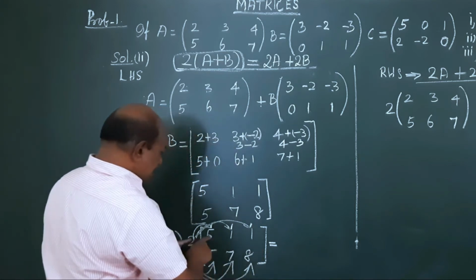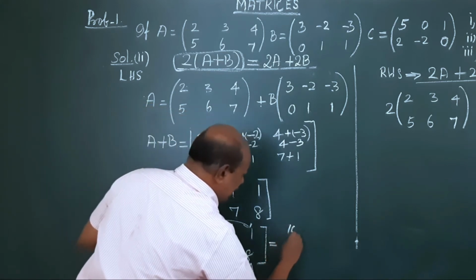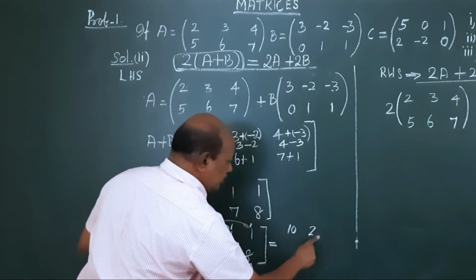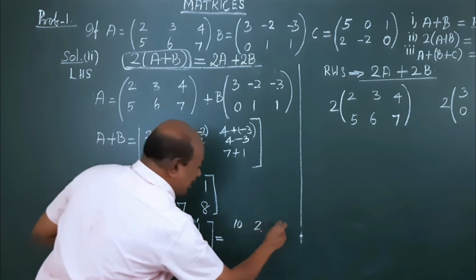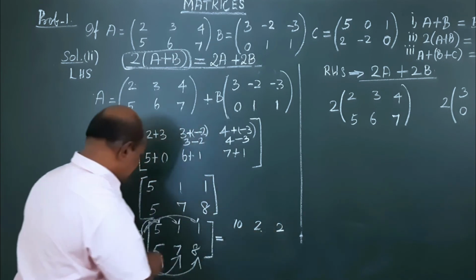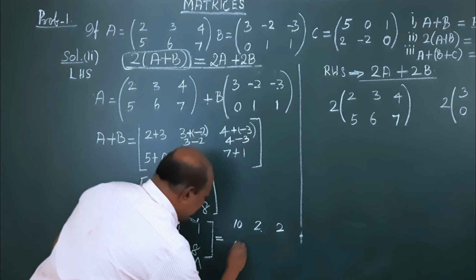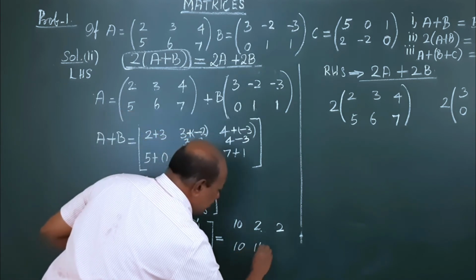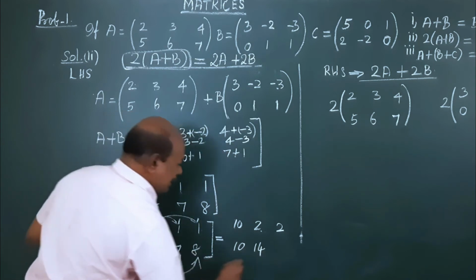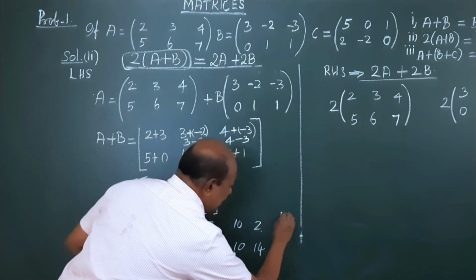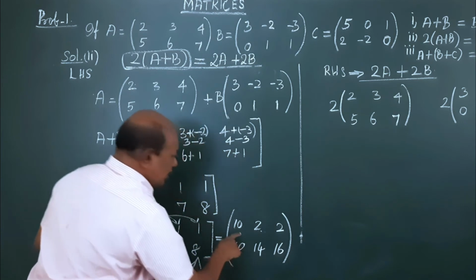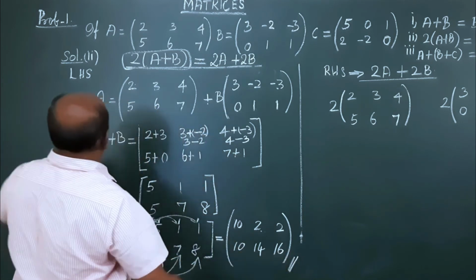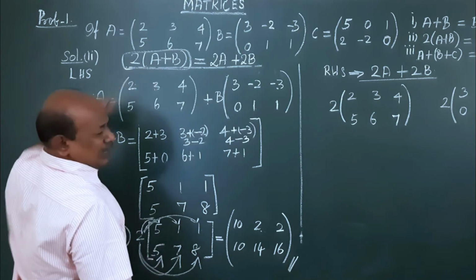You see here 2 into 5, 10. 2 into 1, 2. Again 2 into 1, 2. Then 2 into 5, 10. 2 into 7, 14. 2 into 8, 16. That is the 2 into A plus B. This one. Now we have arrived left hand side.